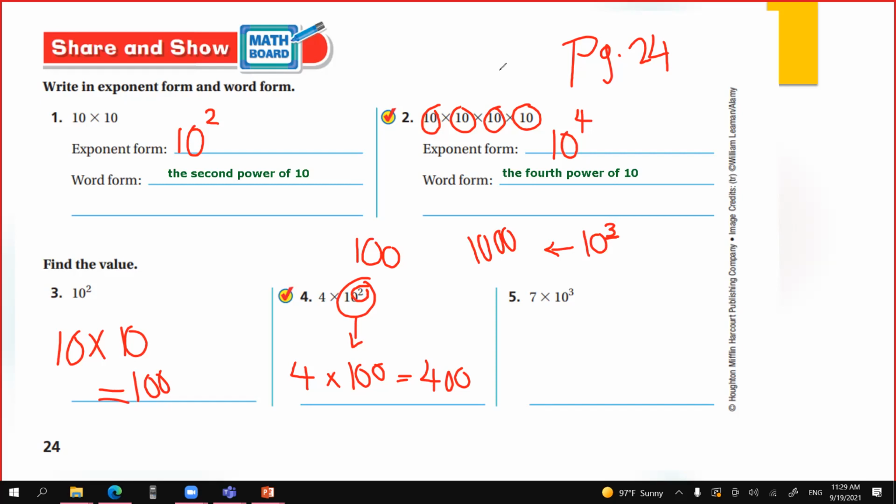Now, number 5, Huriya. 7 multiplied by 10 to the power 3. Yes, Huriya.